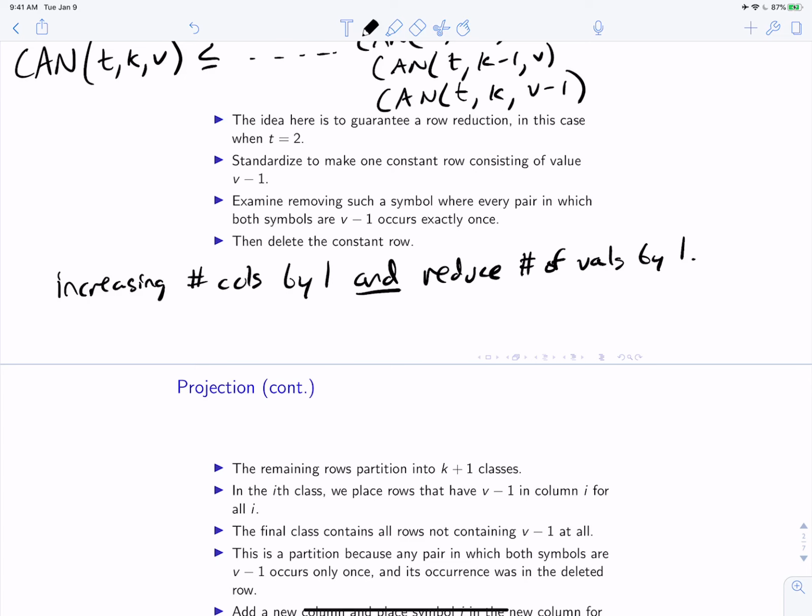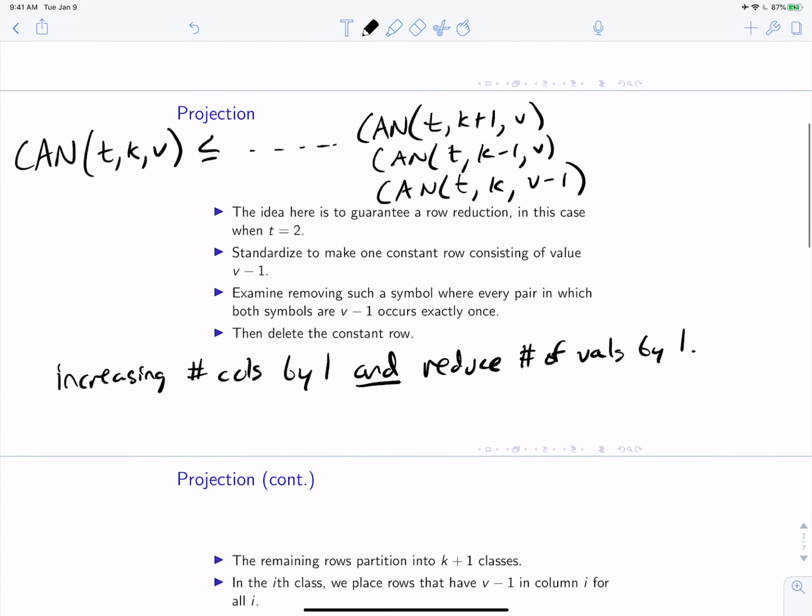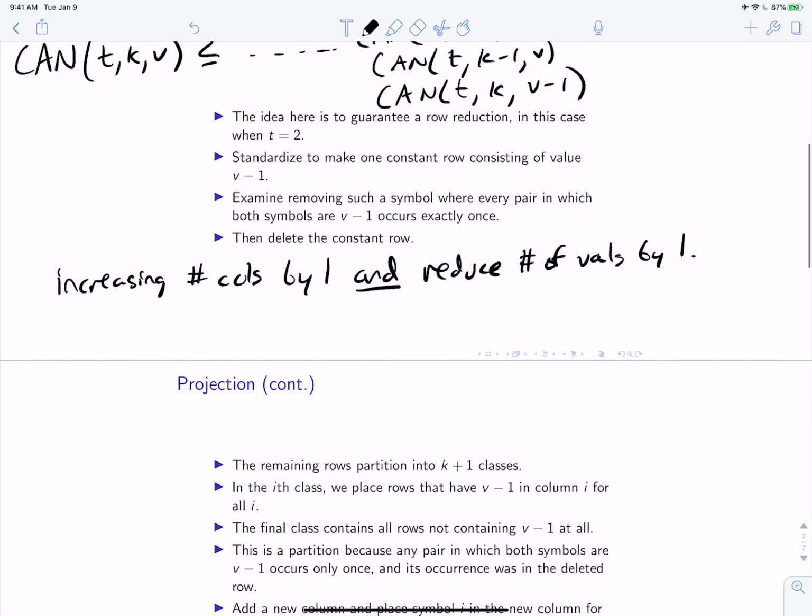We could phrase it in terms of the other bounds that we have, but it's not nearly as good as what projection can do. And the not awful, but just not really convenient thing, is that this only works as currently understood for t equals 2.